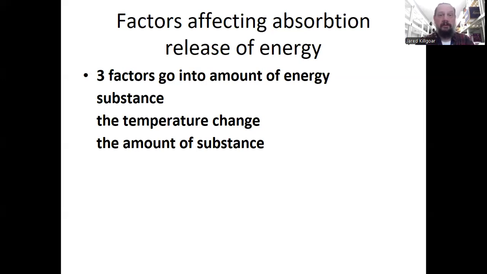For instance, the water is going to heat up differently than the metal. The substance matters. How much you're increasing the temperature: if you want a bigger temperature increase, it takes more energy. And lastly, the amount of substance: if I have to heat up more water, it's going to take more energy to do that.